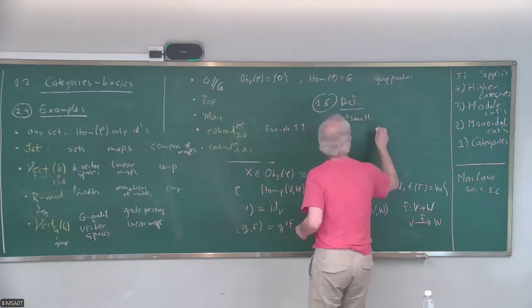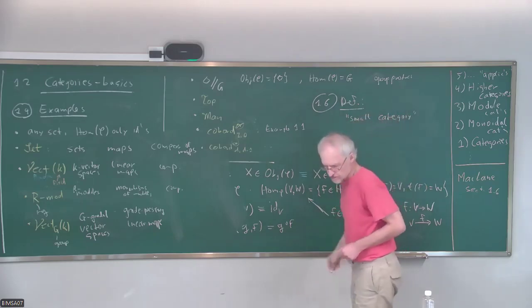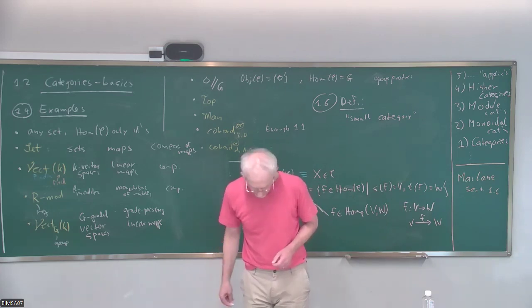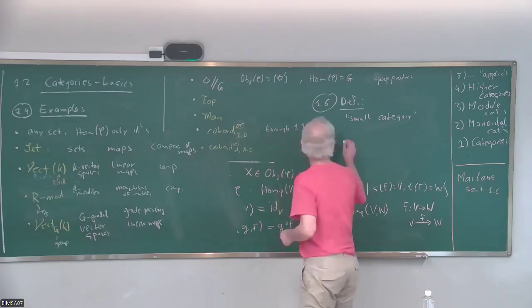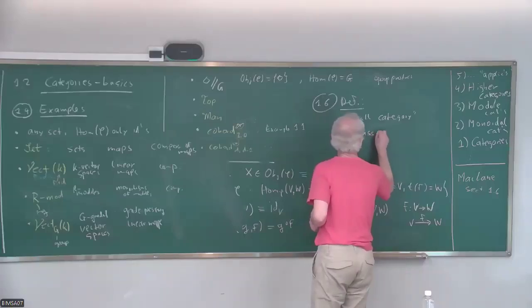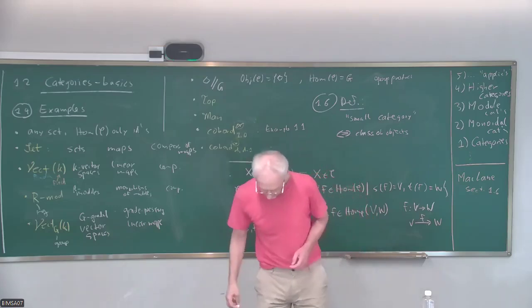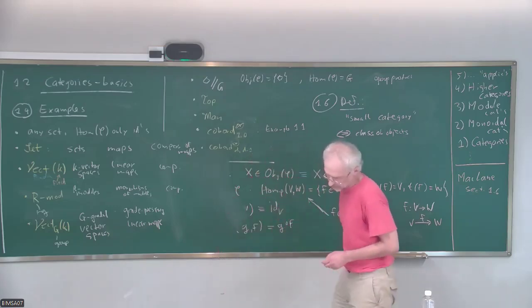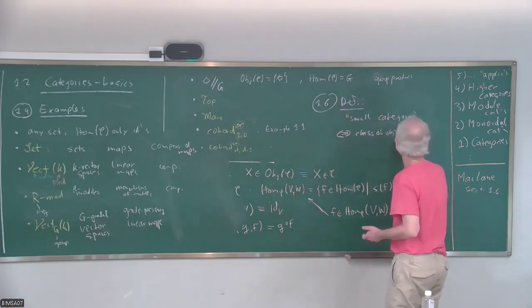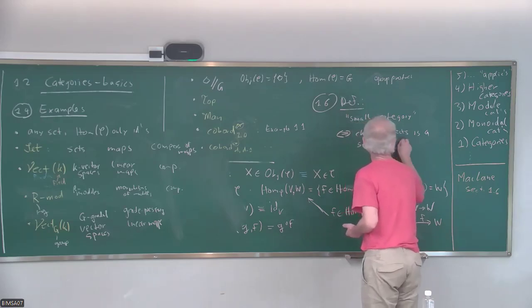You say that a category is small if and only if the class of objects is actually a set in the allowed universe, a set in the chosen universe.